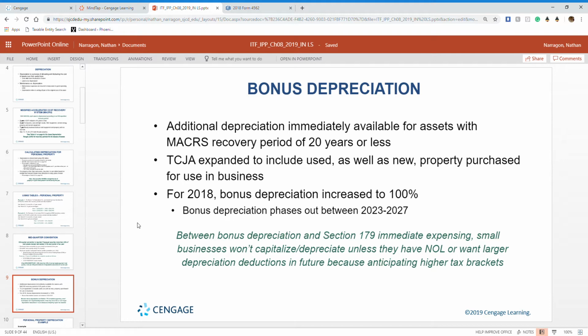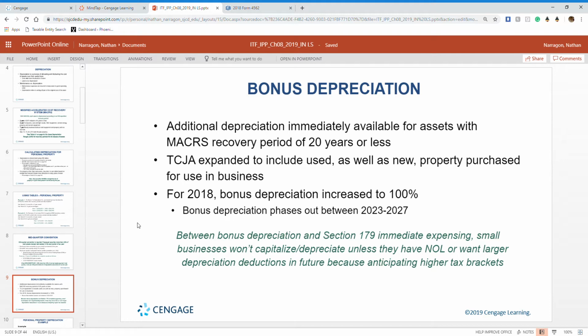Now, even though we can take it, sometimes it's not always the right thing. This is the situation where bonus depreciation and Section 179 both have immediate expensing, but sometimes small businesses won't take this.